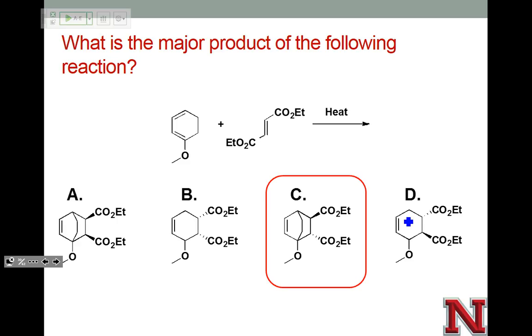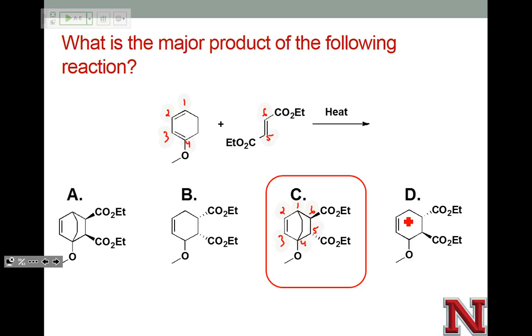Note with this one, this bond is still there in the final product. Just because it's there, it doesn't react, so it's still connected to carbons 1 and 4. The main reaction is still there, no matter what's attached to the diene, no matter what's attached to the dienophile.